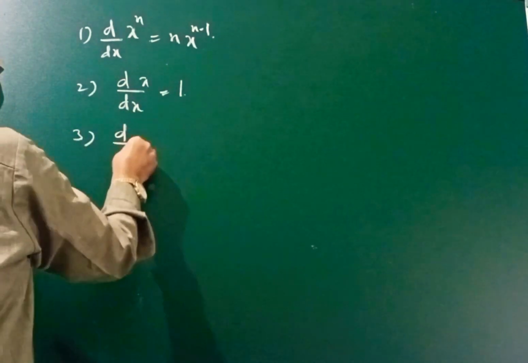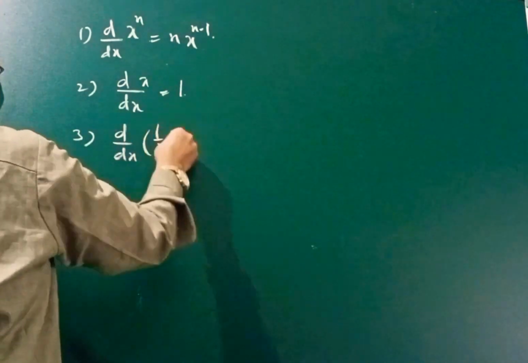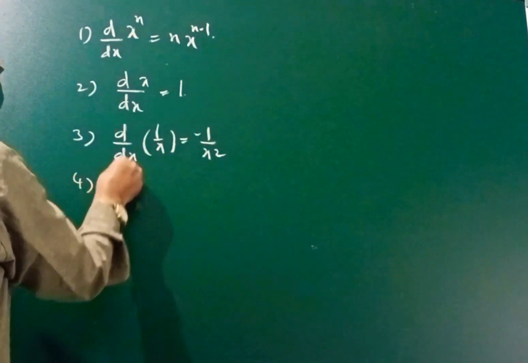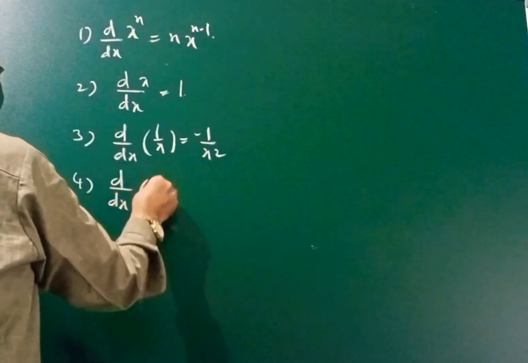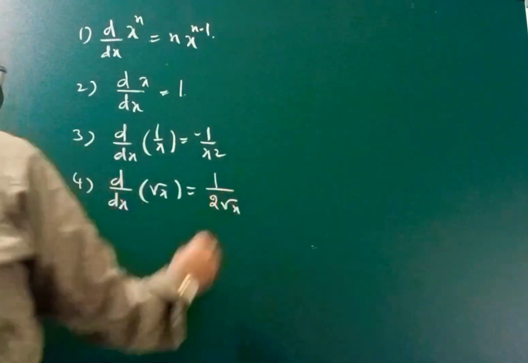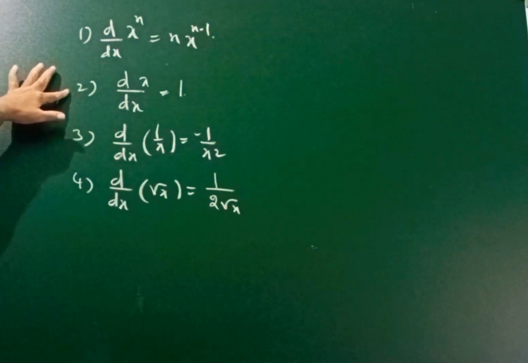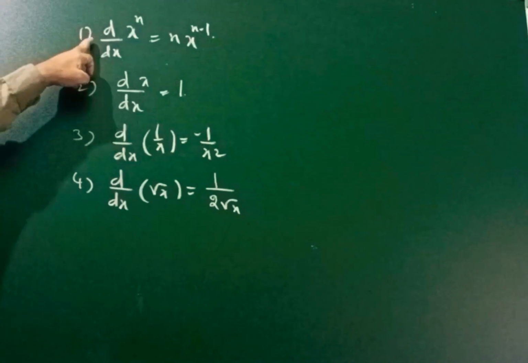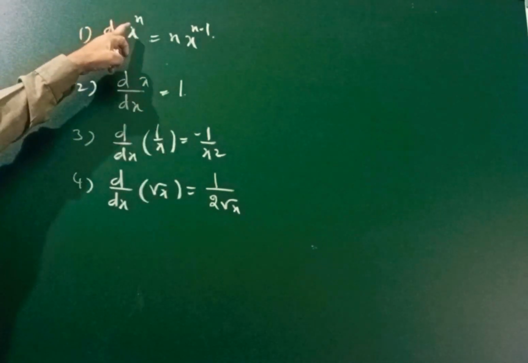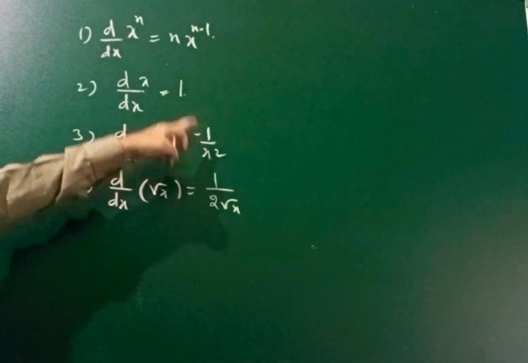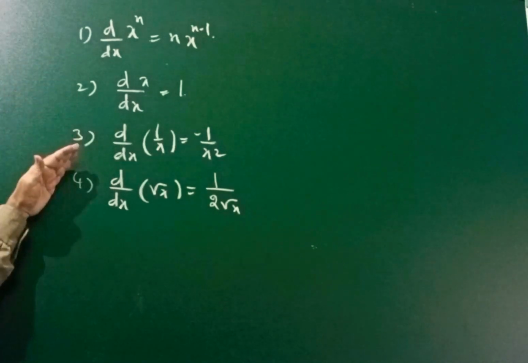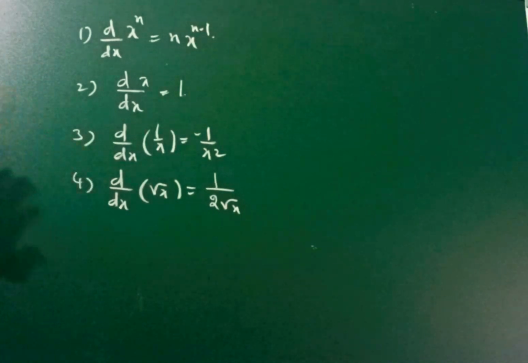Derivative of 1 by x is equal to minus 1 by x square, and derivative of root x is equal to 1 by 2 root x. Actually these formulas 2, 3 and 4 are particular cases of formula 1. Put n is equal to 1, you get this one. Put n is equal to minus 1, you get this value. And n is equal to 1 by 2, this is the value. But because they are often used, we treat them as separate formulas.